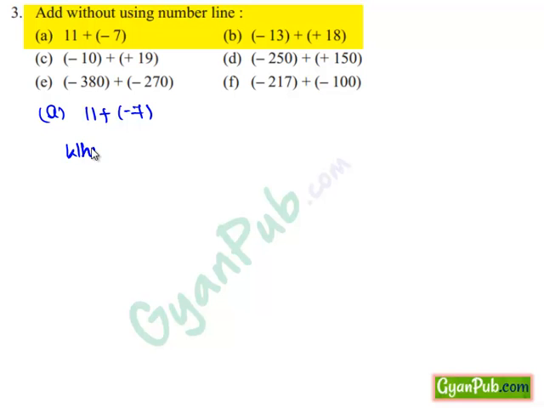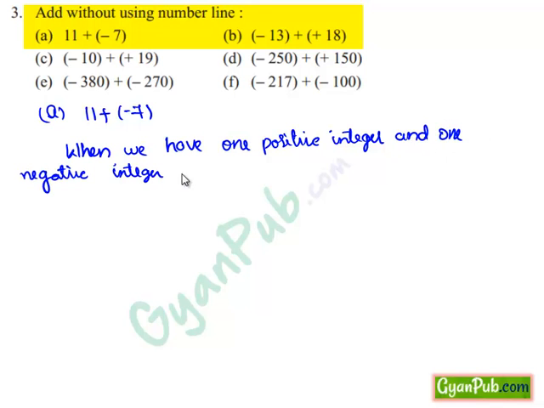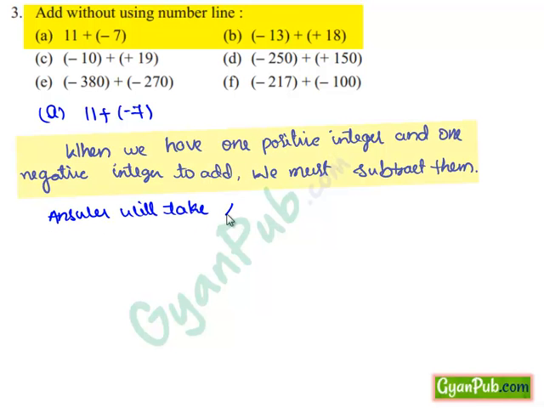When we have one positive integer and one negative integer to add, then we must subtract them. But the answer will take the sign of the bigger integer. Here we decide the bigger integer by ignoring their signs.